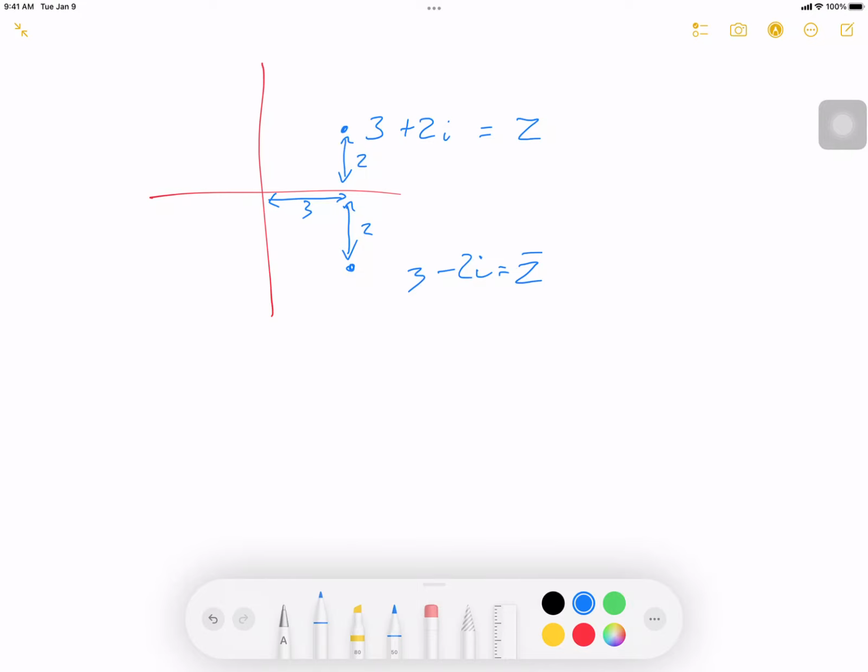Even if the real part is negative, then I'm still going to get that reflection idea coming in there. So let's call that maybe minus 3 plus 5i and minus 3 minus 5i.